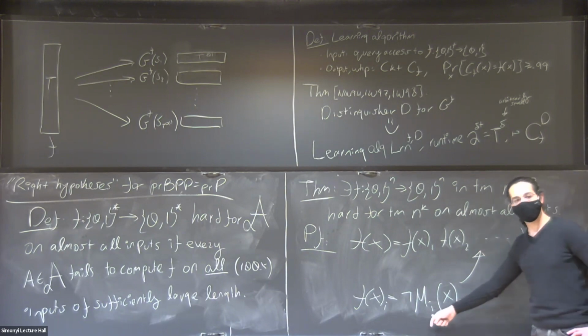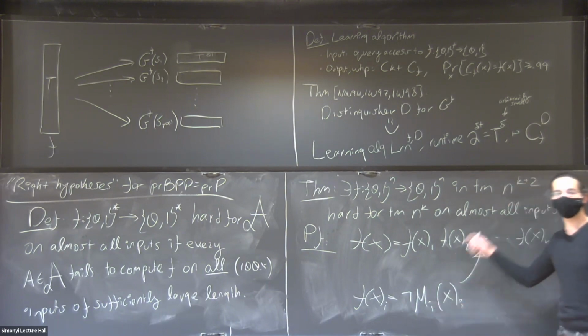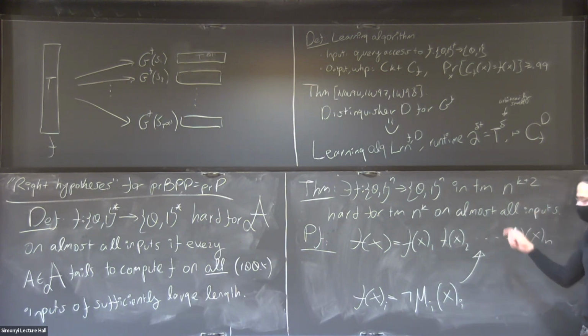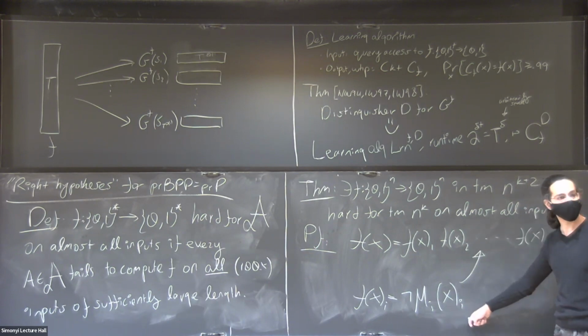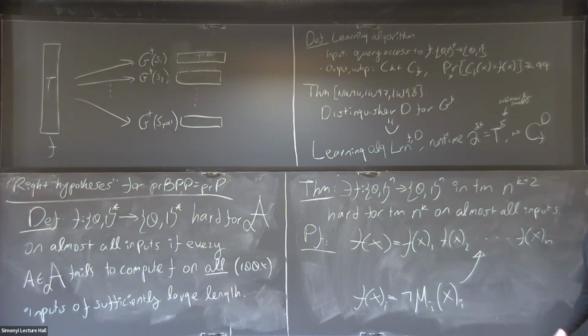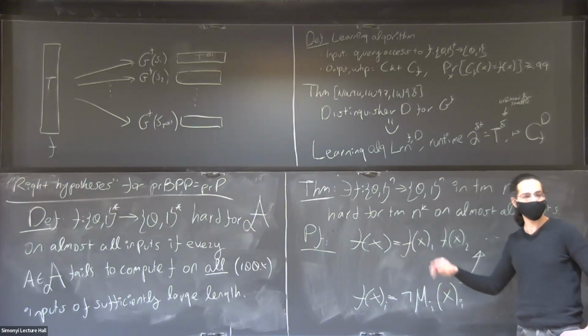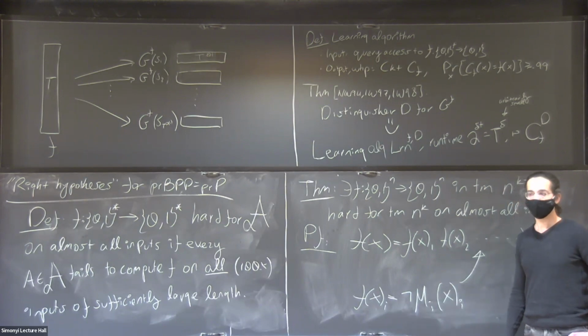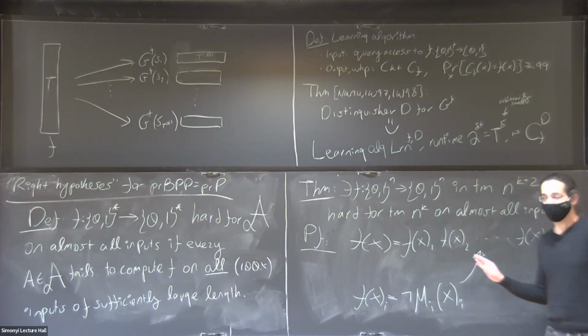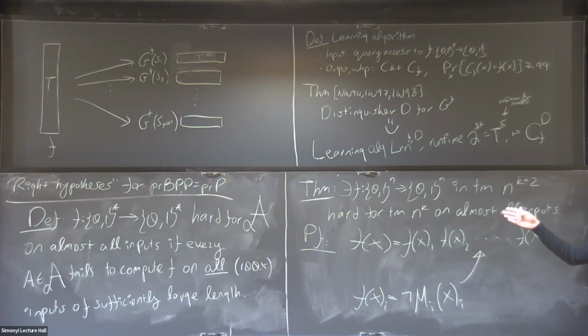Take the ith Turing machine, run it for n to the k steps. Look at what it says on the ith bit that it prints. Negate it. And that's it. For every machine, when we reach a sufficiently large input length, we diagonalize against that machine on each and every input. Questions? Great. So this almost all inputs hardness is actually easy to get.